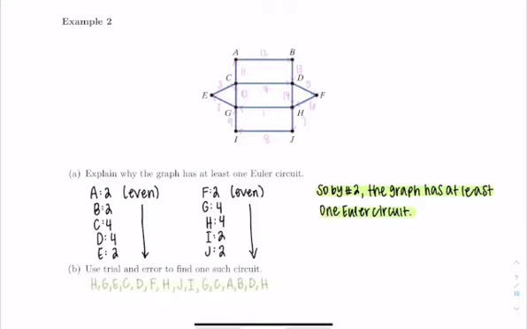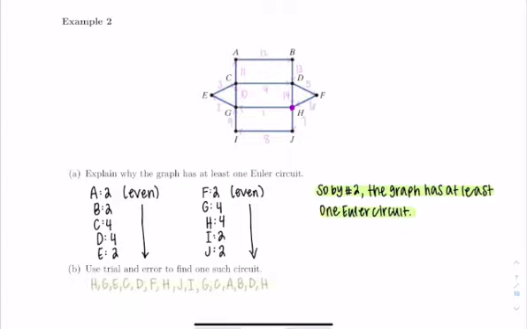So by Euler's theorem, we can start and end at any vertex. So I'm just going to pick H. It does not matter which one you start at. There are going to be multiple circuits in this one. So starting at H, we have a few different options.